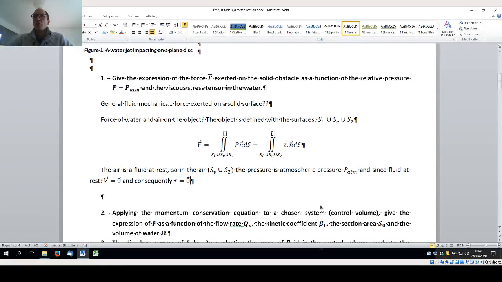So for now, nothing very complicated. This is valid only in the air, these properties.